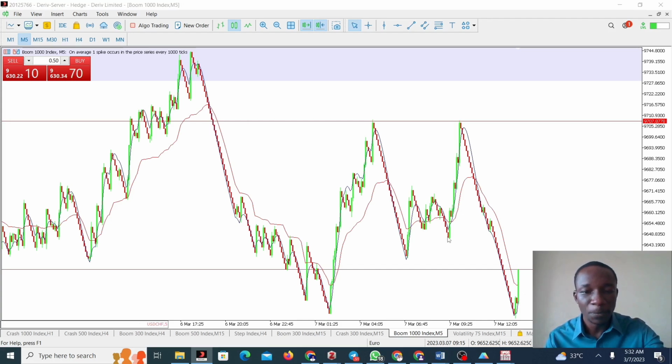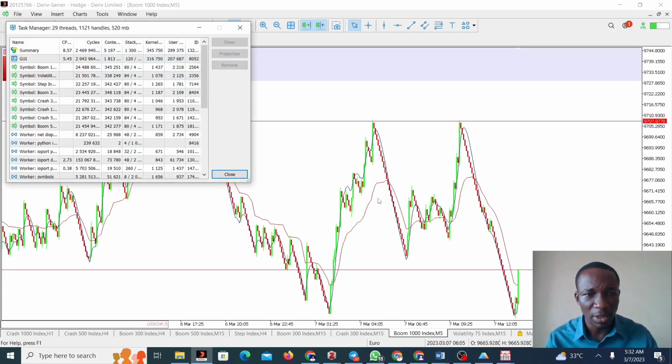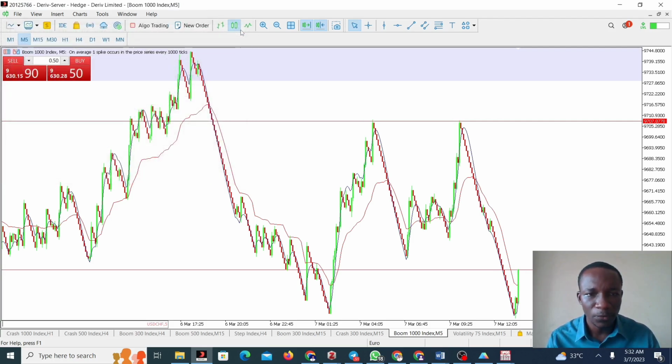So this is just a perfect example of what I'm talking about. Although I missed it, it's a perfect example of what I mean by M shape. This is a perfect M shape. I marked this, but I missed the entry. Okay, now this is a perfect M shape with the two tops.